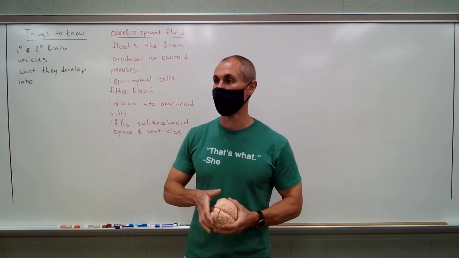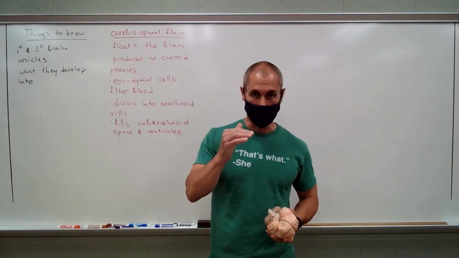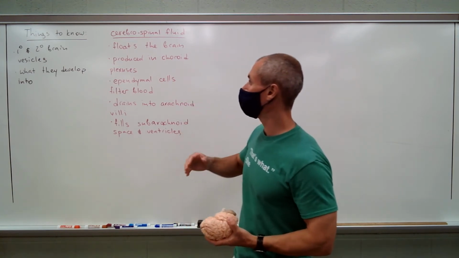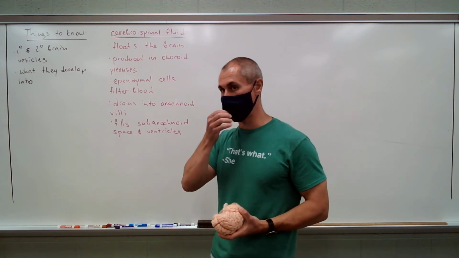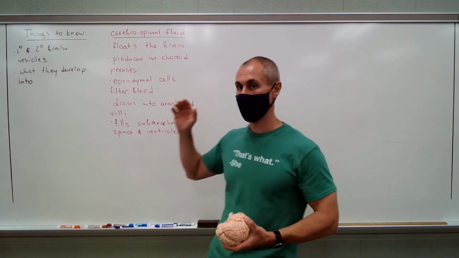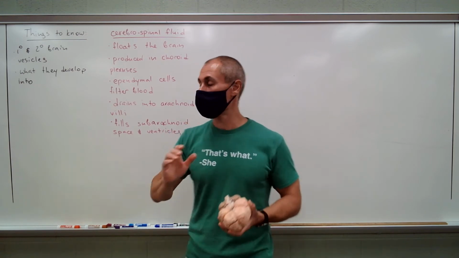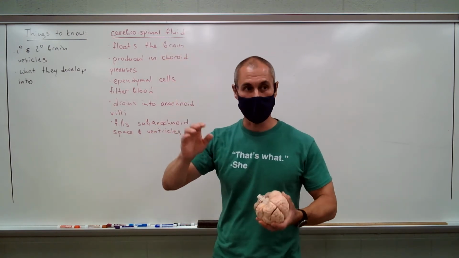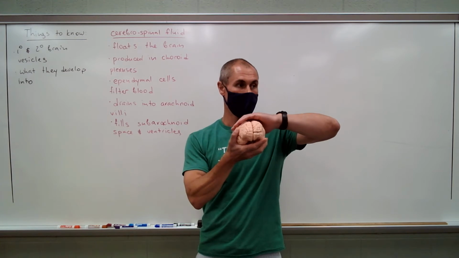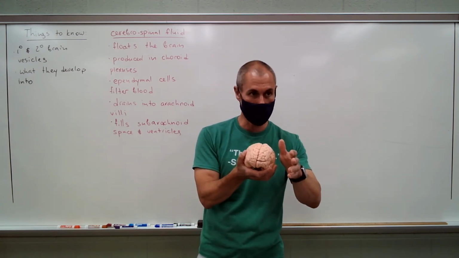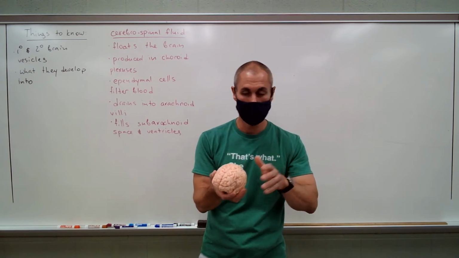So you need to somehow fix it there. One set of structures that fixes the brain are meninges, which we will talk about next. Another thing that floats the brain and reduces its weight is cerebrospinal fluid. So it flows around the brain and around the spinal cord. Does that make sense?